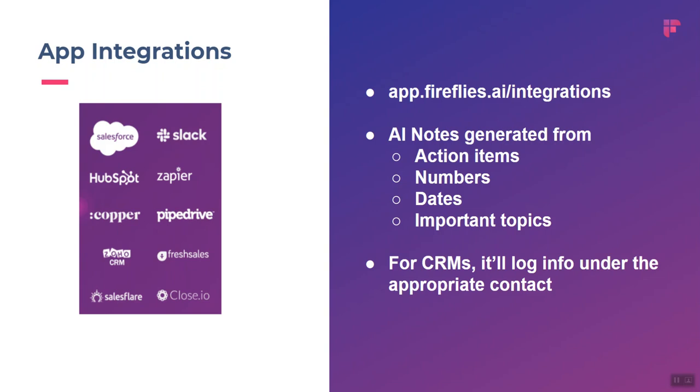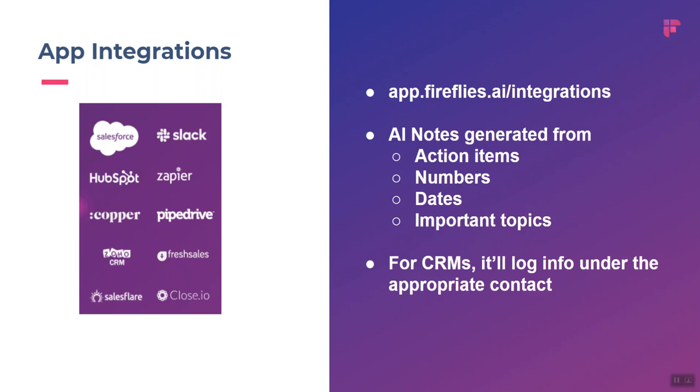As I mentioned earlier, the AI notes are generated from a combination of action items, numbers, dates, and important topics, and it tries to pull together some relevant sentences, relevant notes that you can quickly skim. And for CRMs, the magic is it'll automatically log it under the appropriate contact.